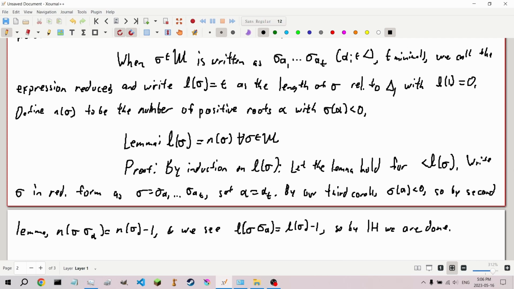Now we're going to look at the simply transitive action of the Weyl group on Weyl chambers. You'll see that the closure of the fundamental Weyl chamber of the base delta is a fundamental domain for the action. This I'll write down.